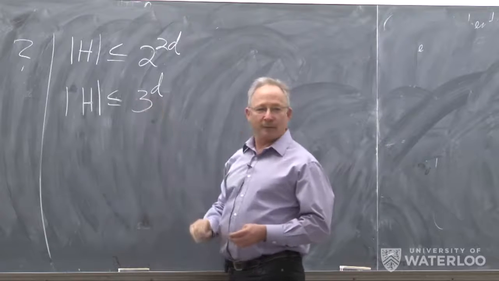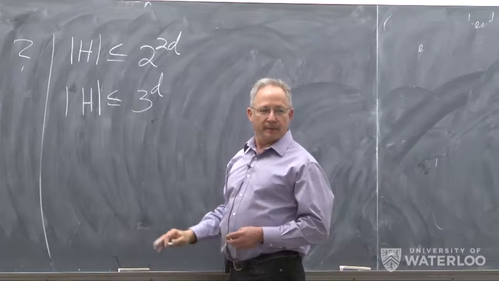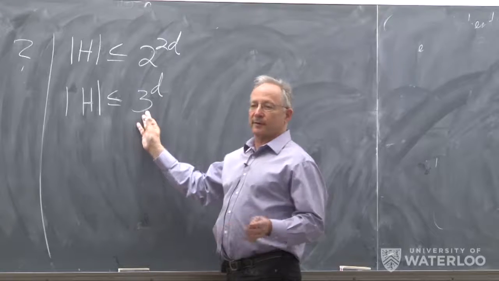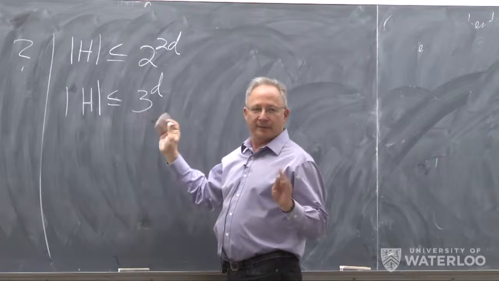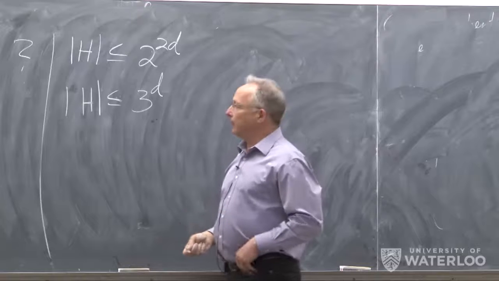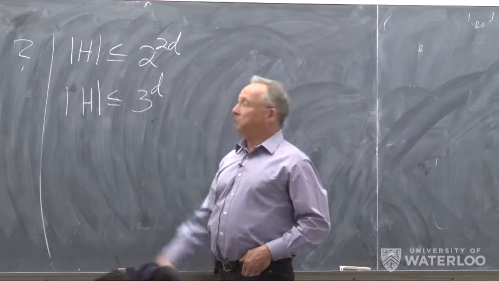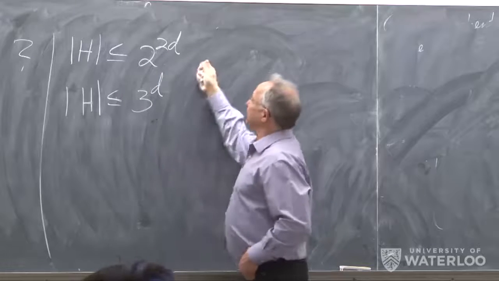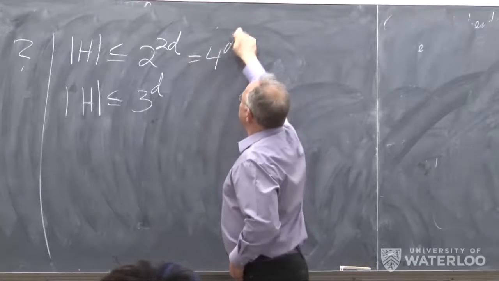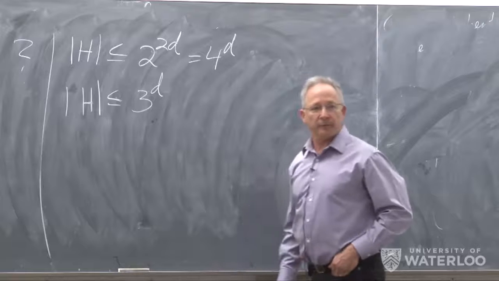So I get a little bit better bound. Let's use this bound, but it really doesn't matter. So the size is at most 3 to the d, or this is 4 to the d. It's a little bit worse, but it's still a nice bound.